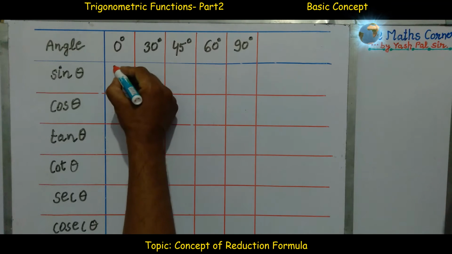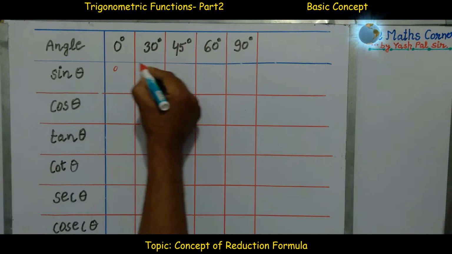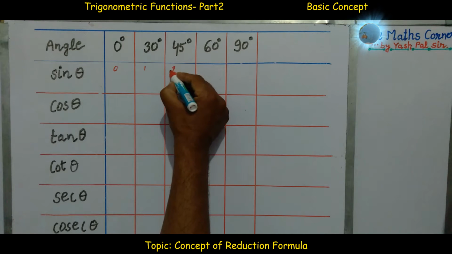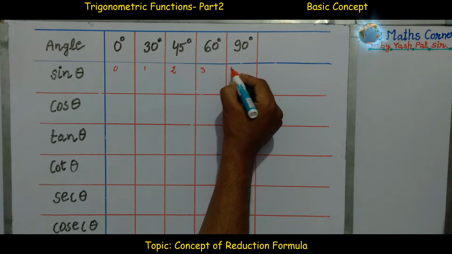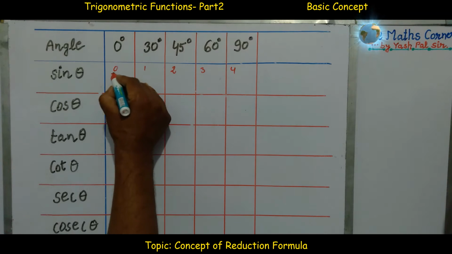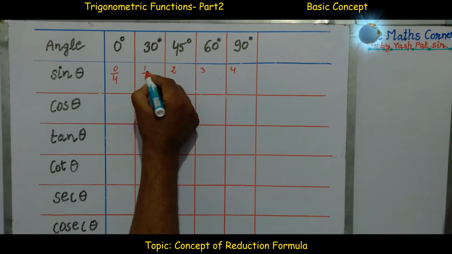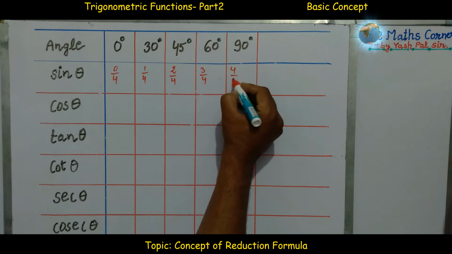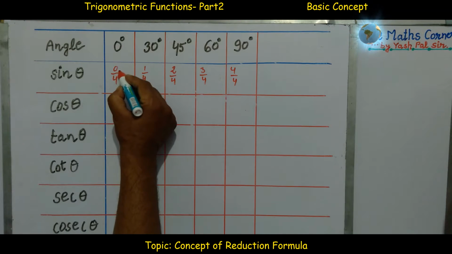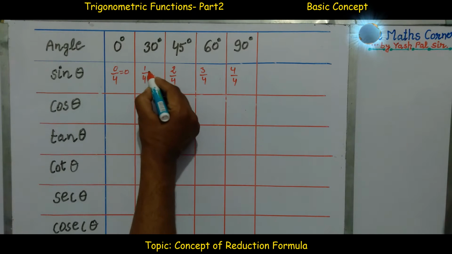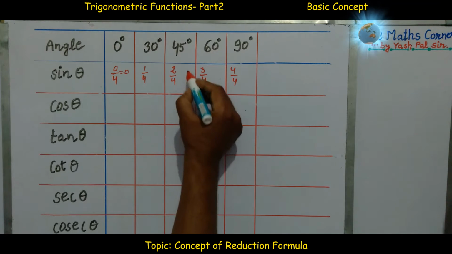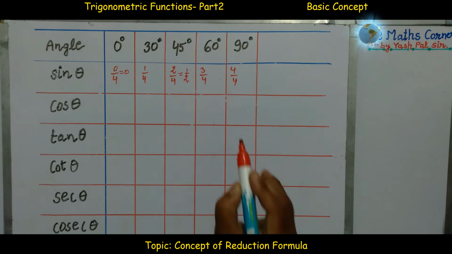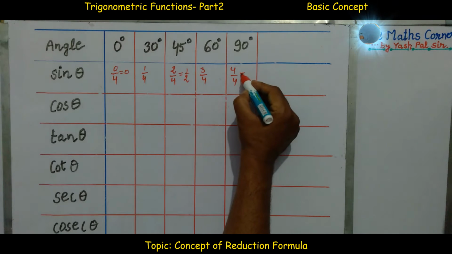What we do, first of all we write 0, 1, 2, 3, 4, then each number is divided by 4. Then 0 divided by 4 is 0, 1 divided by 4 is 1 by 4, 2 divided by 4 means 1 upon 2, 3 upon 4 remains the same, 4 upon 4 becomes 1.